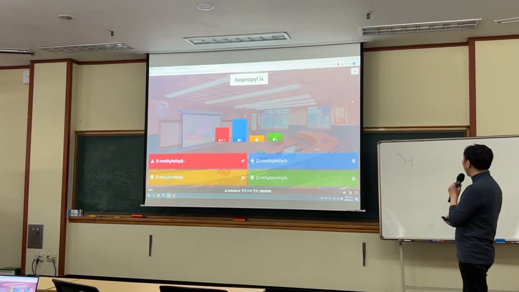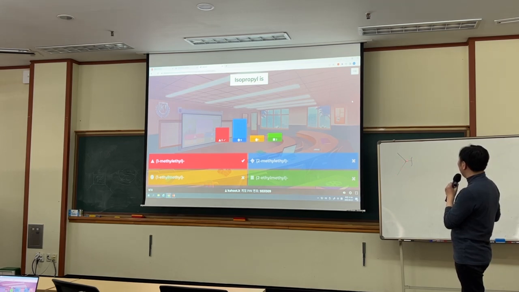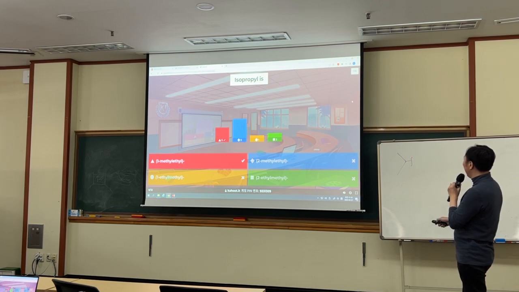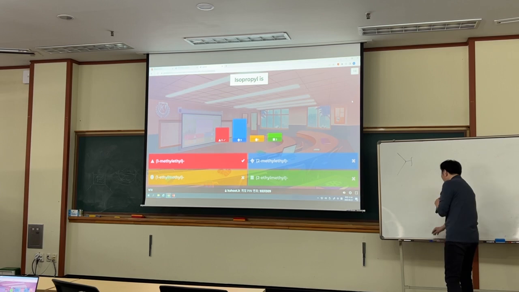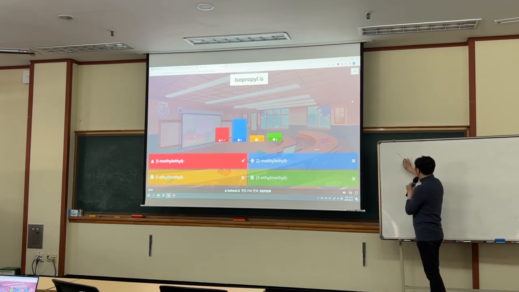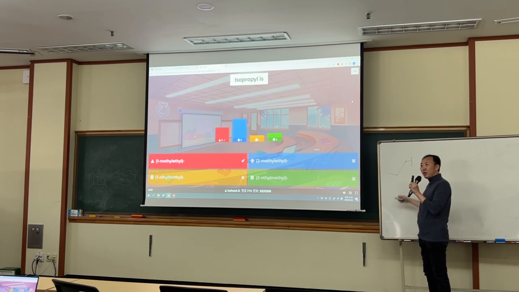Okay, isopropyl is 1, 2 ethyl, 1 methyl, 2 ethyl, isn't it? This is a connecting point. Why 2 methyl? 2 methyl ethyl is this, correct? It's not isopropyl. This is just propyl, correct?